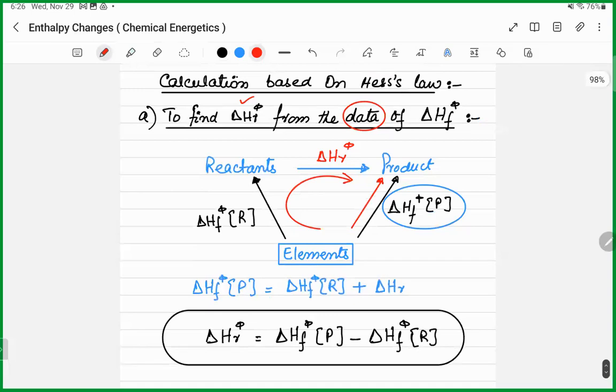If you are provided with the data of formation and you have to find out the enthalpy change, just do product minus reactant. क्या करना पड़ेगा? Product minus reactant and you'll get your answer. ठीक है? Product minus reactant.